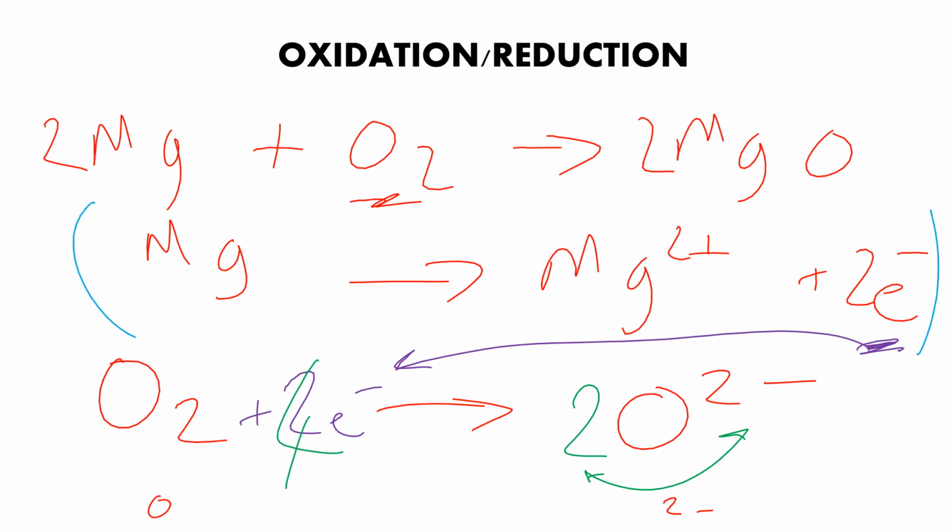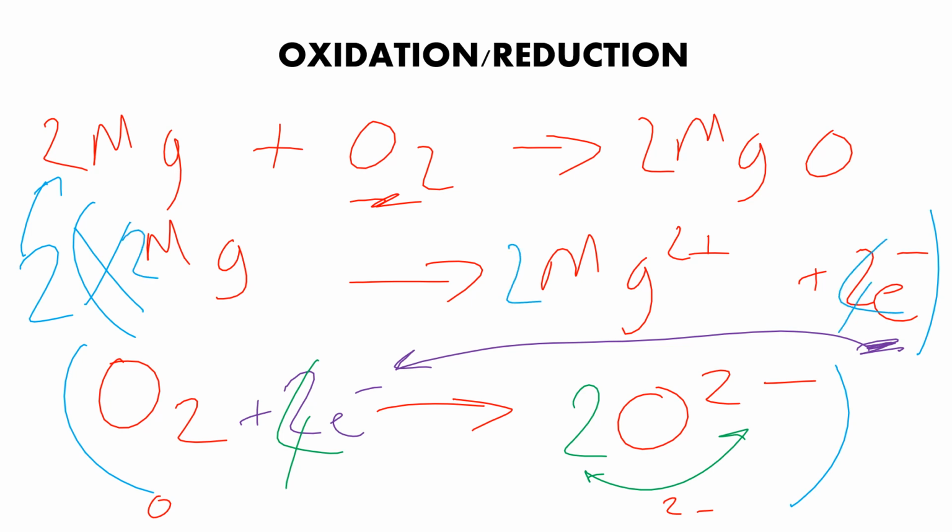If we add that equation to that equation, we will get the above equation. But we still have to do one more thing. We have to multiply the first equation by 2 so that we have an equal number of electrons. 4, 2 of those, 2 of those. So then if you add the oxidation step to the reduction step, you'll get this overall reaction.